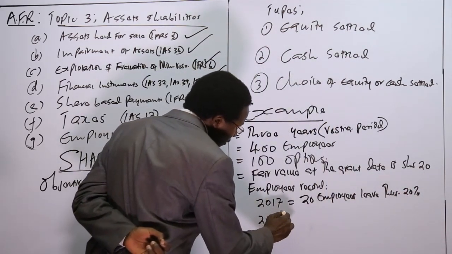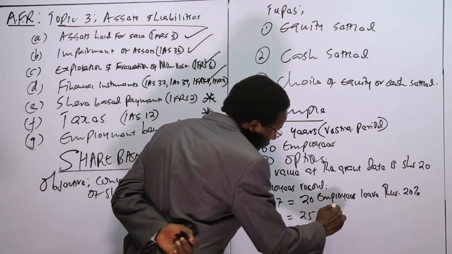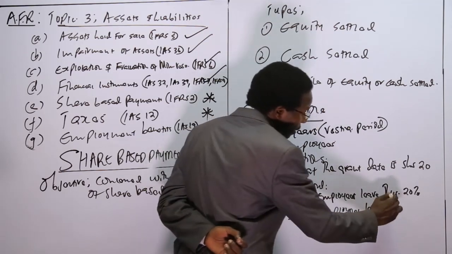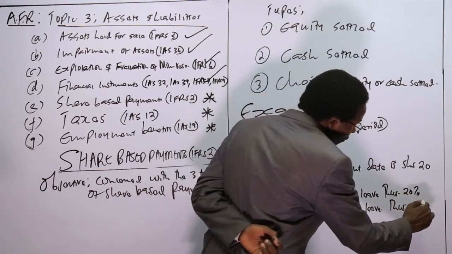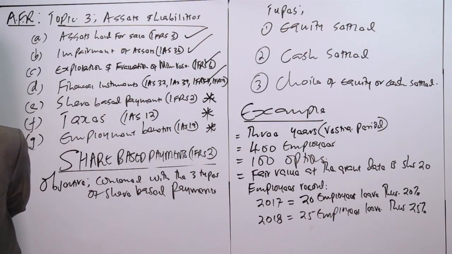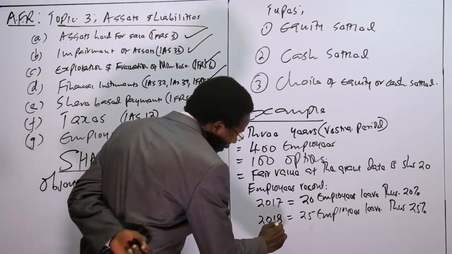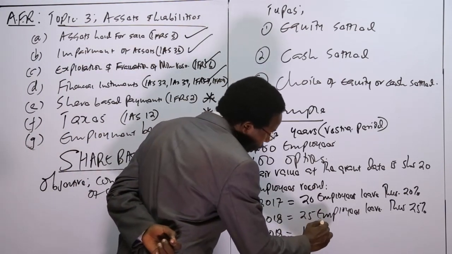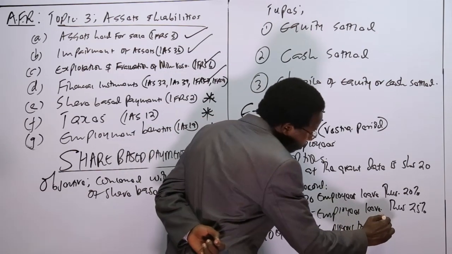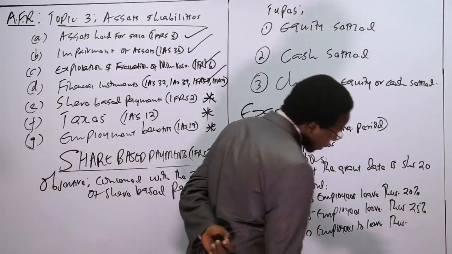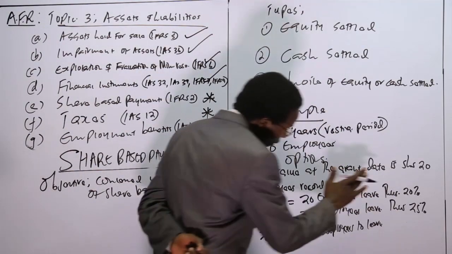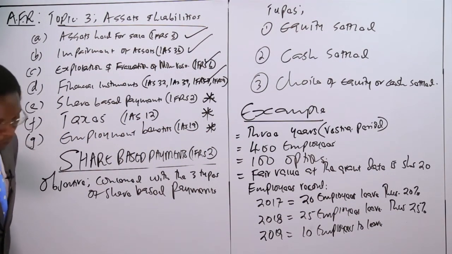In 2018, 25 employees are expected to leave. That's 25%. Then in the final year 2019, 10 employees leave. We have not been told the percentage, but that's the final number that we are going to deal with.